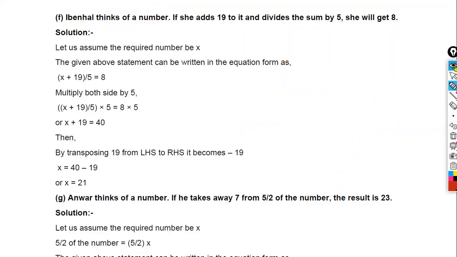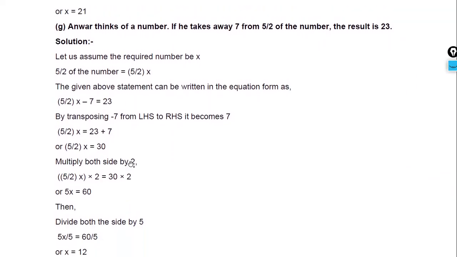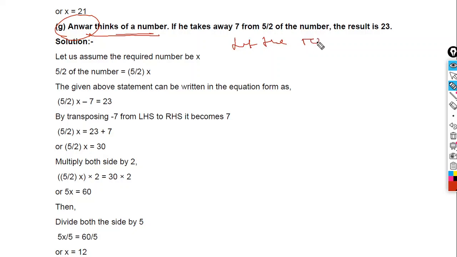Now again we will move to another question. G: Anwar thinks of a number. Again a number is there. Anwar, a person, is thinking of a number. So let the number be x.